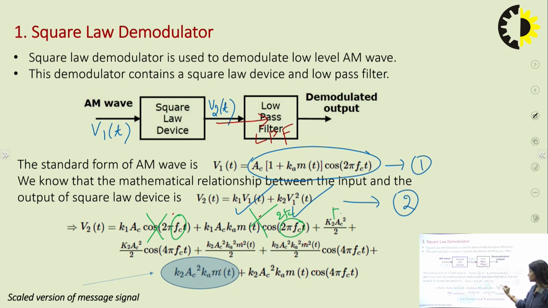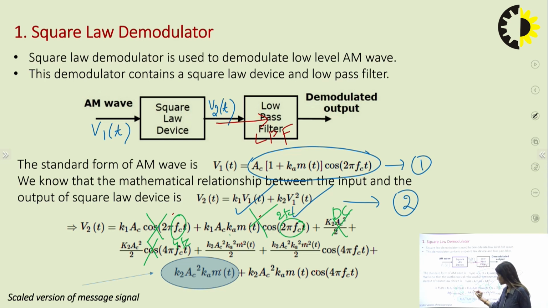This is DC. Low pass filter won't pass it. So this is also cut. This is 4FC. Low pass filter has no capability to pass it. It will reject this. This is also m squared(t), which means a signal of double frequency range, 2FM.